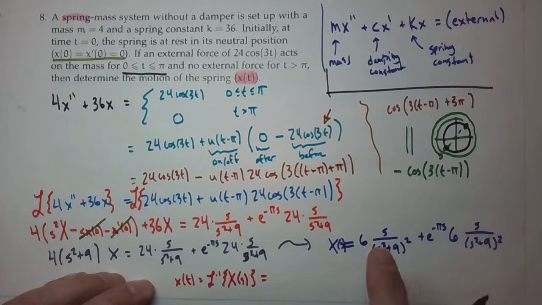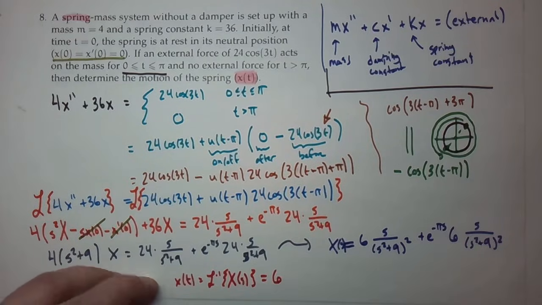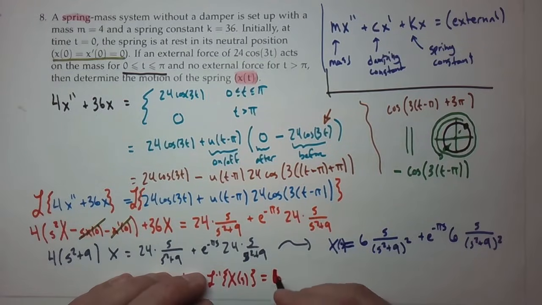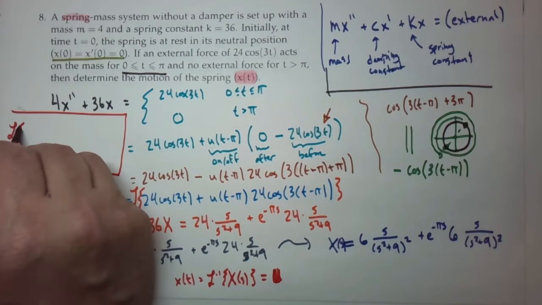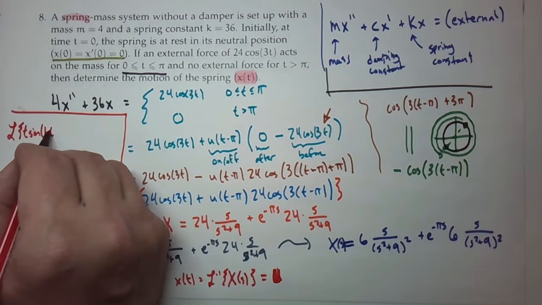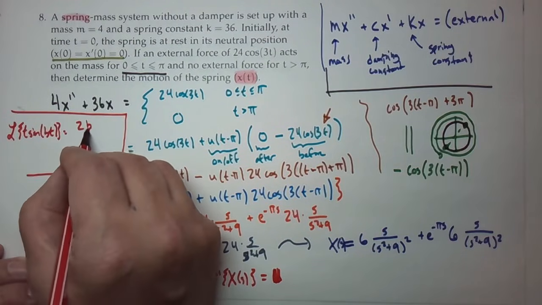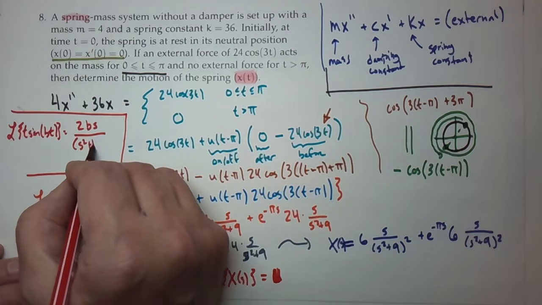Okay, so, well, 6 is 6. S over s squared plus 9 squared. Does that show up anywhere? Actually, maybe I shouldn't put this 6 yet. We have s over s squared plus b squared squared. Is that on our formula sheet? Well, if you look at Laplace of t sine bt, it is 2bs over s squared plus b squared squared.